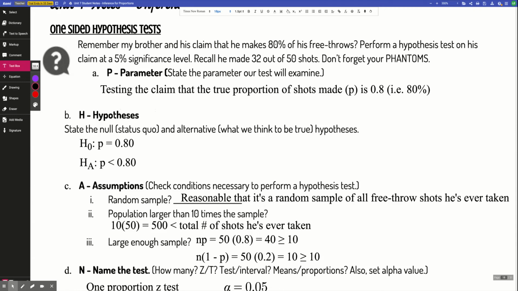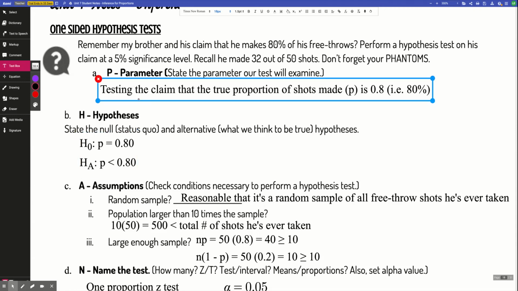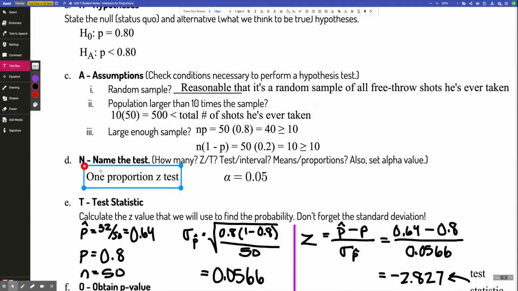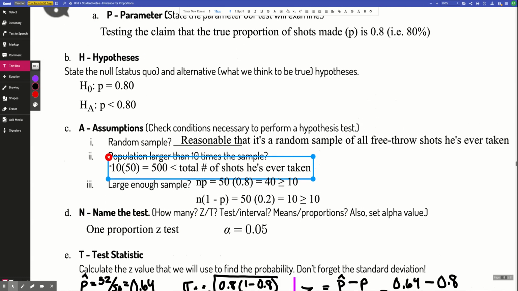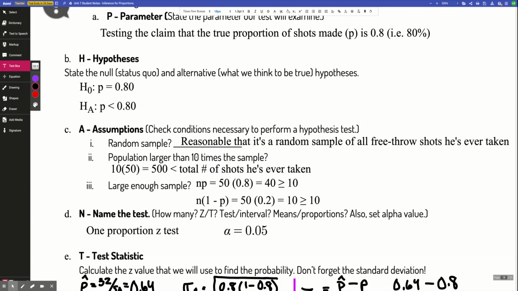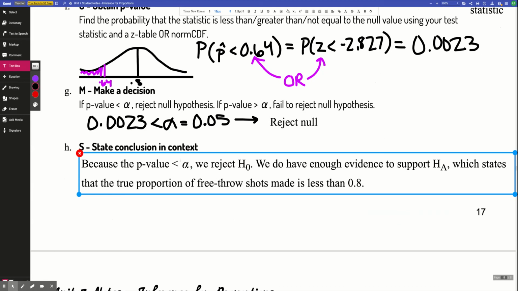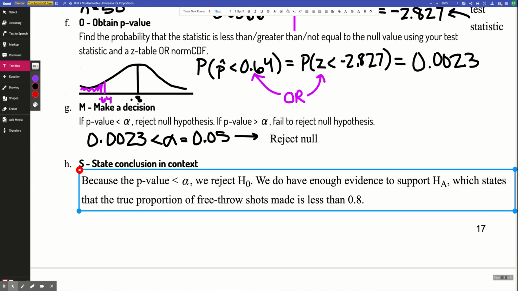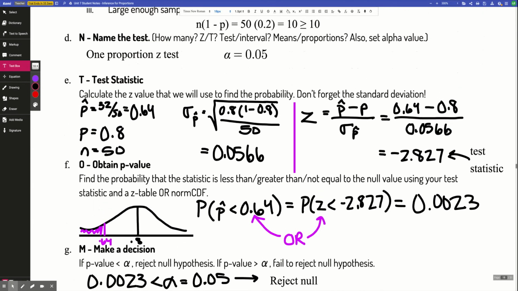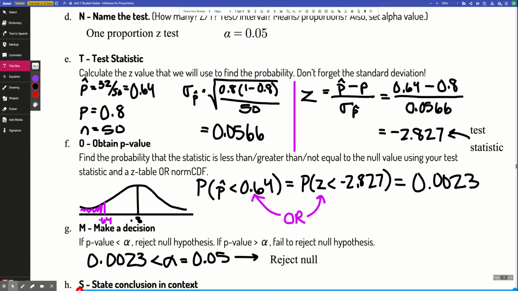You will get points for your parameter and hypothesis, and naming your test, like selecting the proper test. You will get points for your assumptions. You will get points for obtaining the correct probability, so the math part, and you will get points for your conclusion. So all of these steps are necessary in order to get full points.